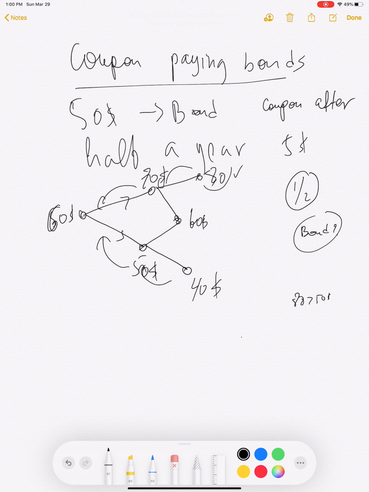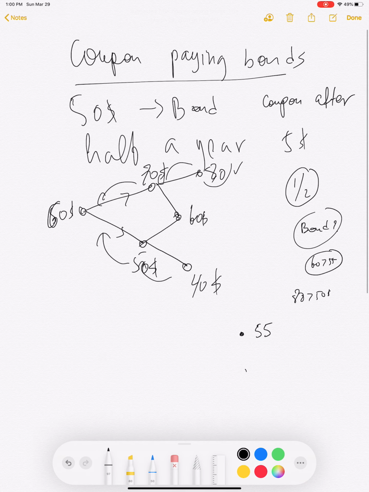So here the value of the bond is going to be 55. Now what about here? Here you still can make the payment because $60 is bigger than 55, right? So here the value of the bond is going to be $55. But here you can't make the payment. So now the value of the bond here is going to be $40.